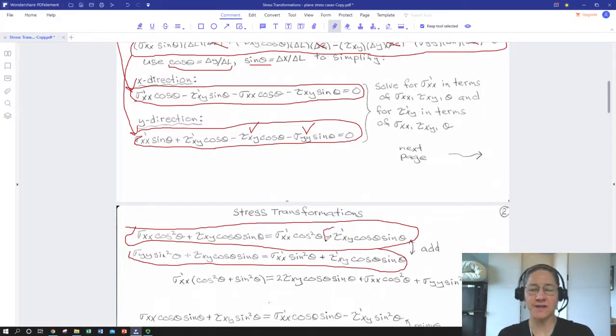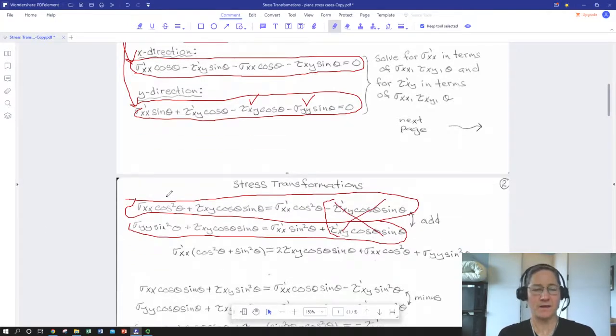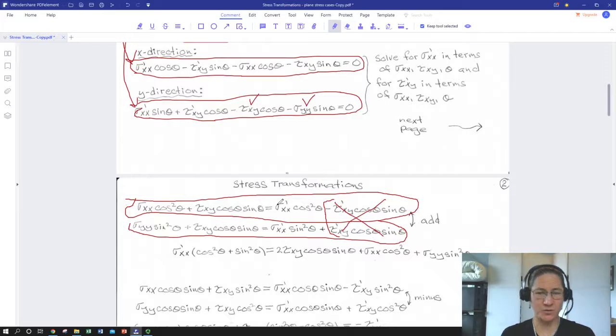Because the shear stresses have an opposite sign, they go away on that side. So we no longer have a tau prime xy. So now we solely have our normal stress on our tilted plane in terms of our applied shear stress and our applied normal stresses and theta.